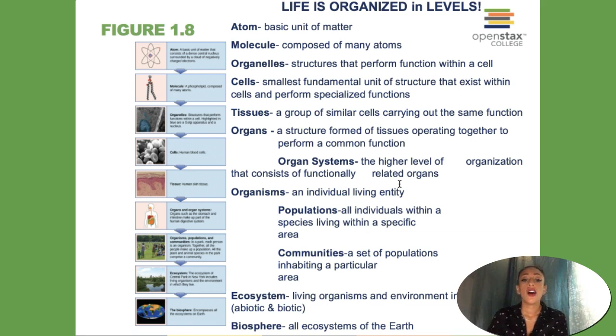Population. All individuals of a species living within a specific area. The key about populations is that it has to be a group of individuals that can interbreed and produce viable offspring, offspring that can actually produce viable offspring amongst themselves.